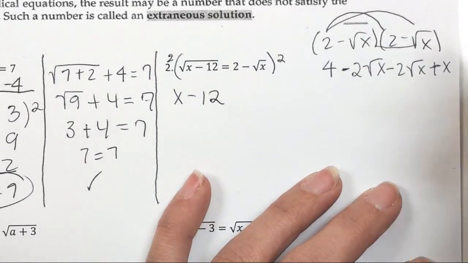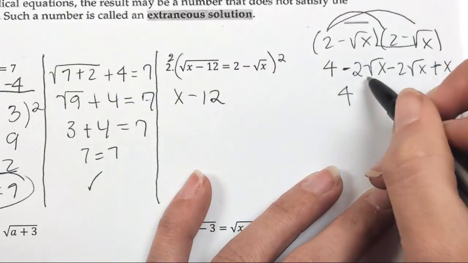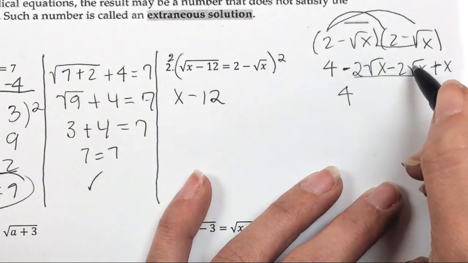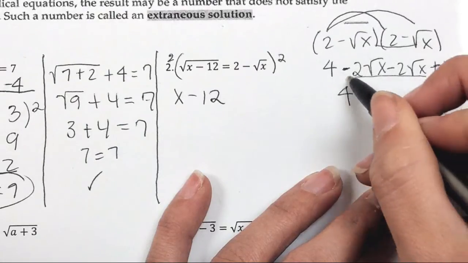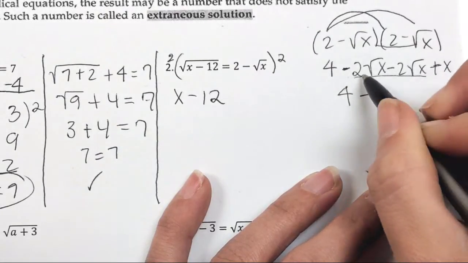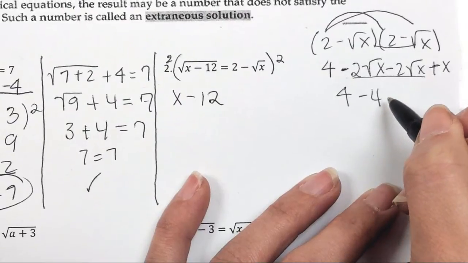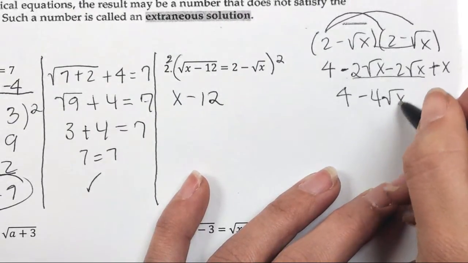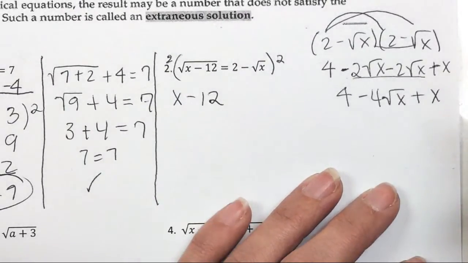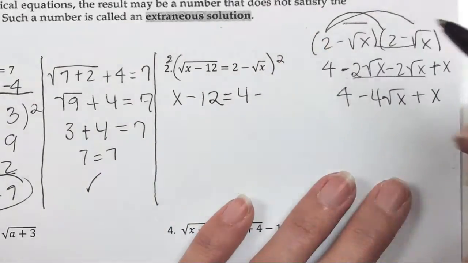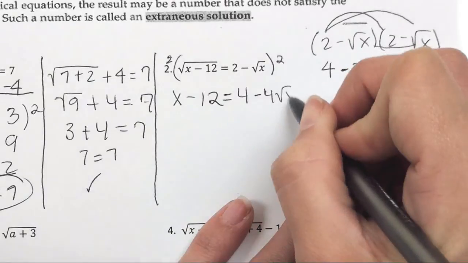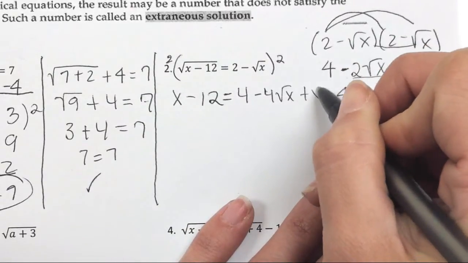And now I combine my like terms, so I would have 4. These 2 are my like terms because they have the same root and same thing underneath. So I combine their coefficients, and that would make negative 4, because negative 2 minus 2 is negative 4, square root of x plus x. So that's what's going to be on this side. 4 minus 4 square root of x plus x.